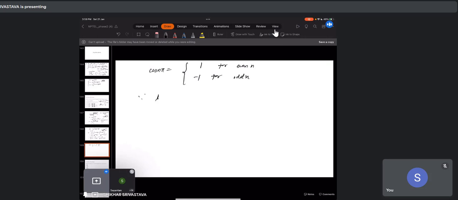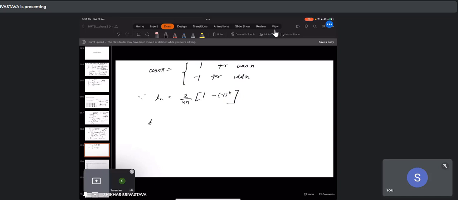So you can write bn as 2 by n pi times 1 minus minus 1 to the power n. You can easily write cos n pi as this. So for even n, what will it become?